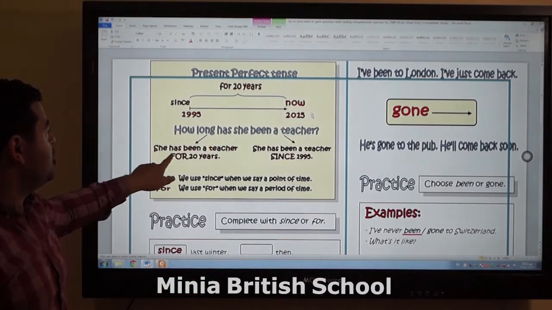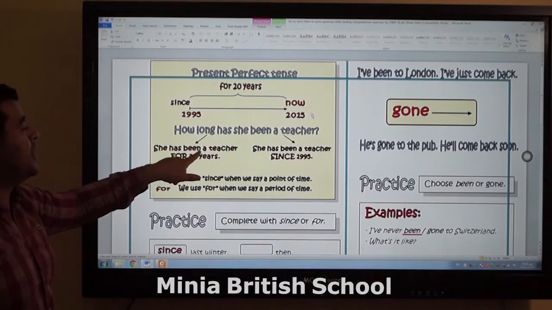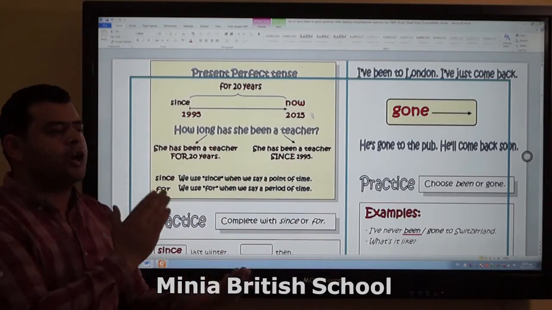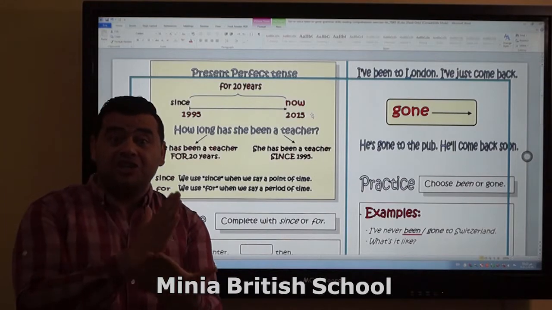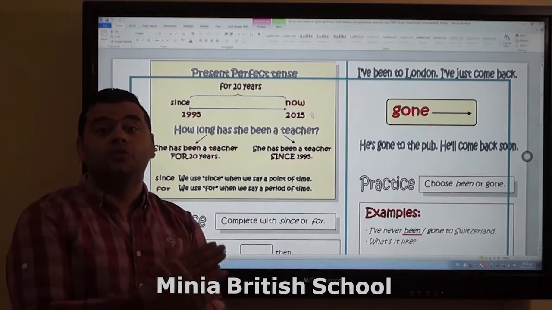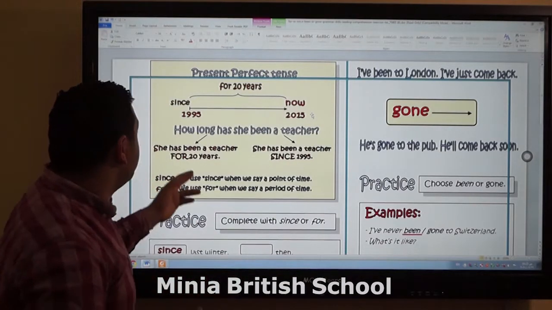So, she's been a teacher since 1995. That's the starting point. That's the time when she started to work as a teacher.